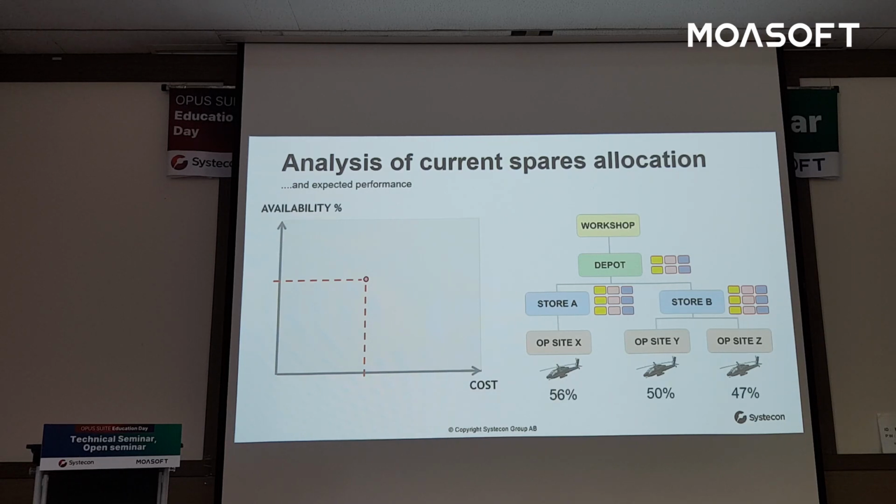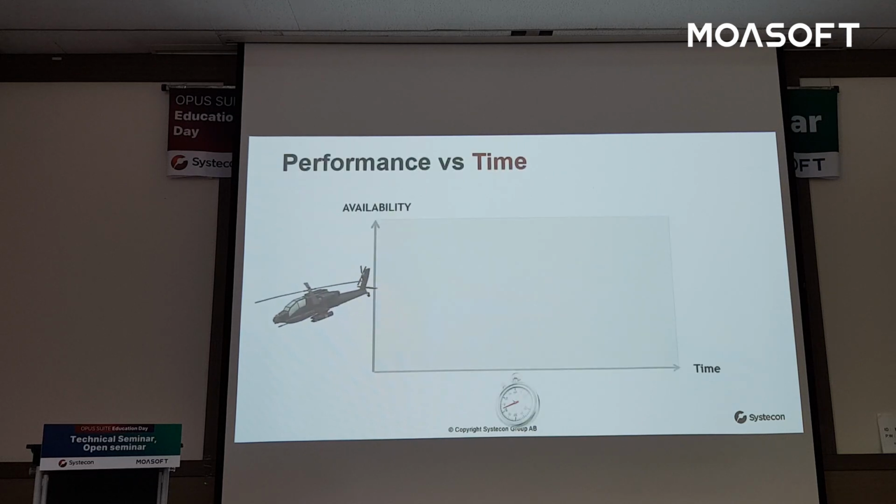And this can, of course, be interpreted for the different operational sites and see what that means in terms of operations. Going into the world of simulation, we also get the dimension of time. So we can see how the availability varies over time, not just as one single steady state value.